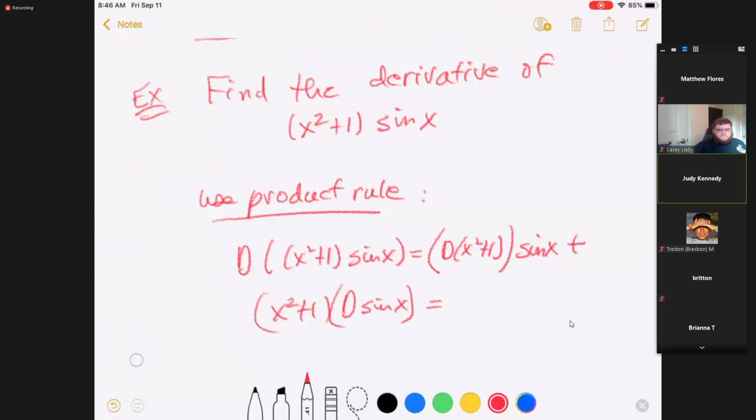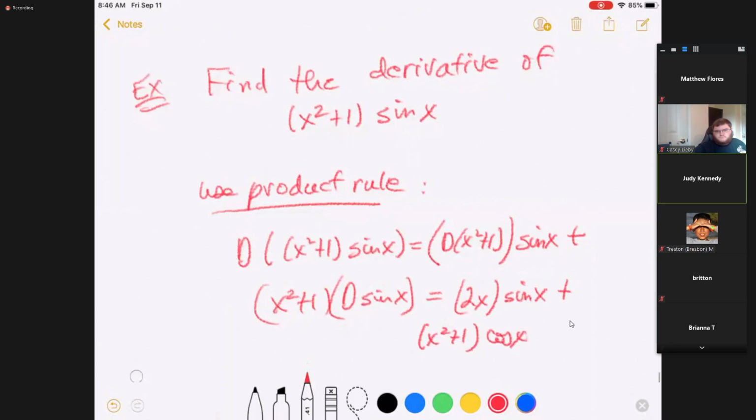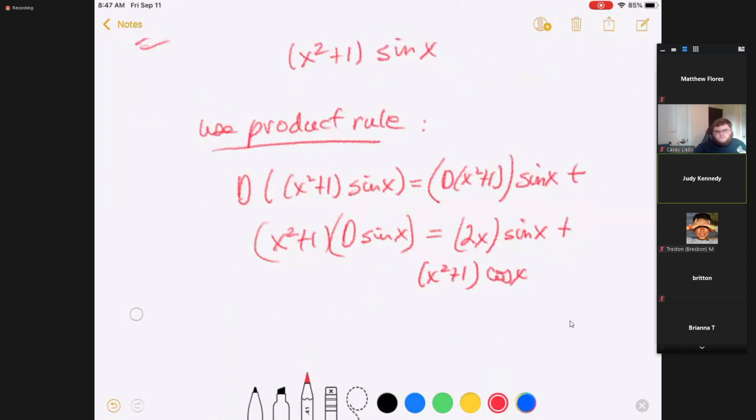The derivative of x squared is 2x, the derivative of 1 is 0. So that's just 2x times the sine of x plus x squared plus 1 times the derivative of the sine of x, which is the cosine of x. And that's the derivative, and I don't see how you can write that in a simpler form.